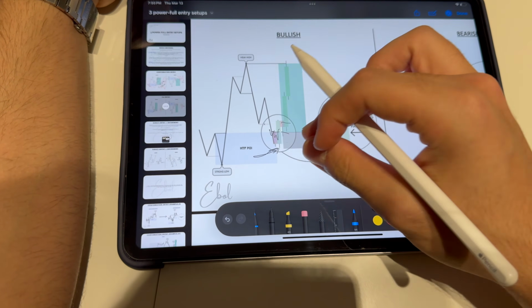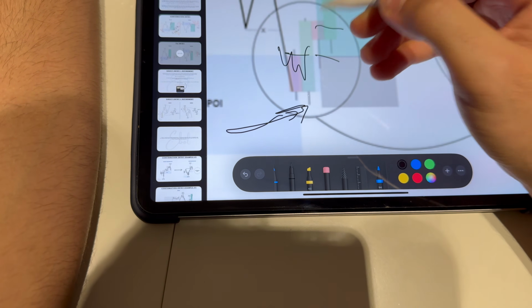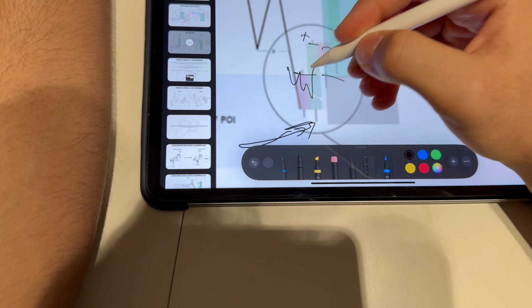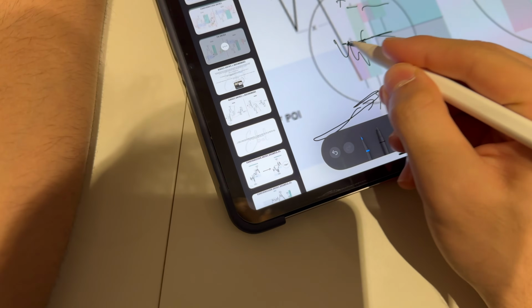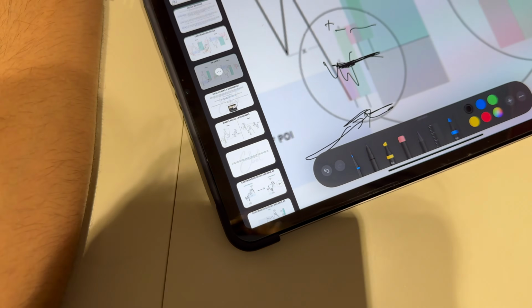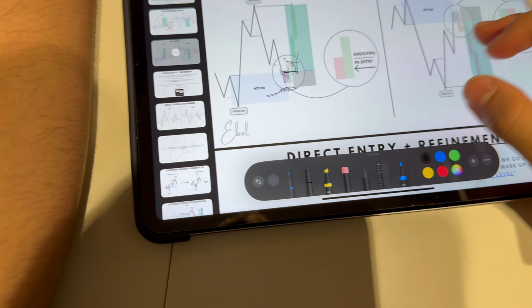So once you see the engulfing candle, once you see this bearish and the bullish candle, and once this candle closes here, you can set your entry on this open area order block, this area pretty much, and you can set your stop loss below this area, right? And you can have the entry here. And also this is the bearish one.